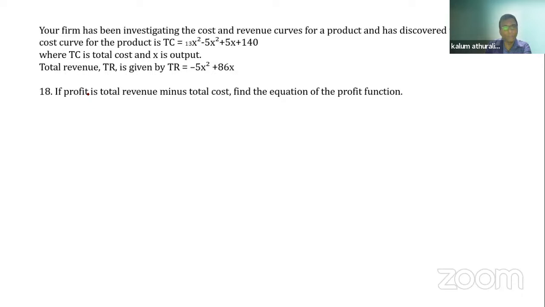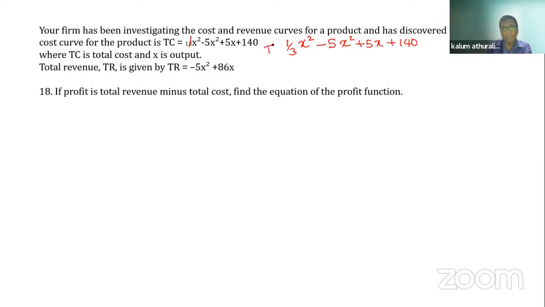Find the profit function. Your firm has been investigating the cost and the revenue curves of a product and has discovered that the total cost curve for the product is equal to 1/3 x cubed minus 5x squared plus 5x plus 140.